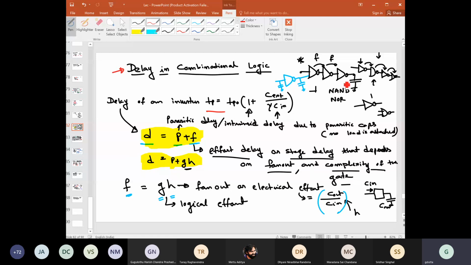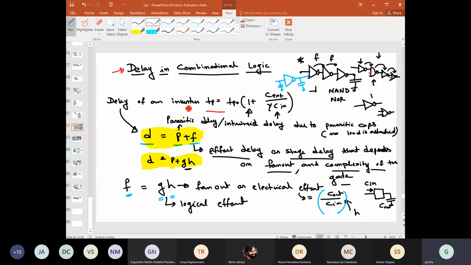Fan out, if you are considering only a chain of inverters. But if there are other gates in between, then we also need to take care of the complexity of the gate, because different gates have different delay values compared to that of the inverter.